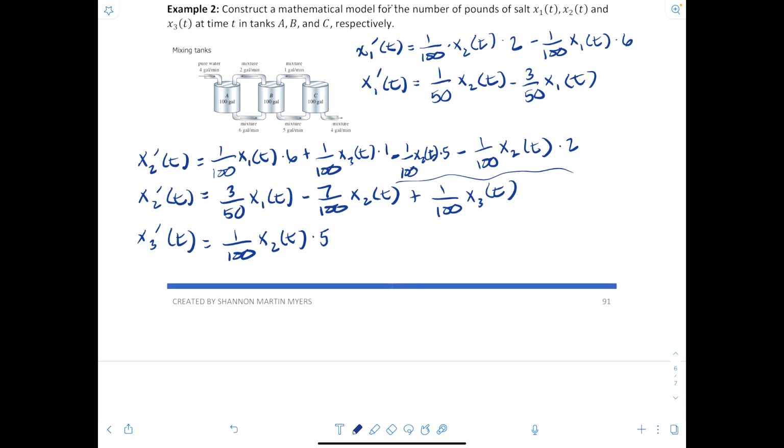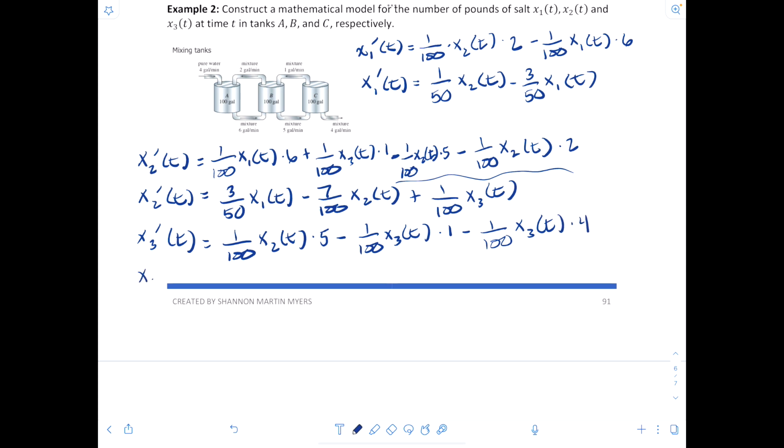And then leaving C, we have 1/100 x3 at t times 1, because you've got mixture going into tank B at 1 gallon per minute. And then you've also got mixture leaving from tank C, its own mixture, times 4.